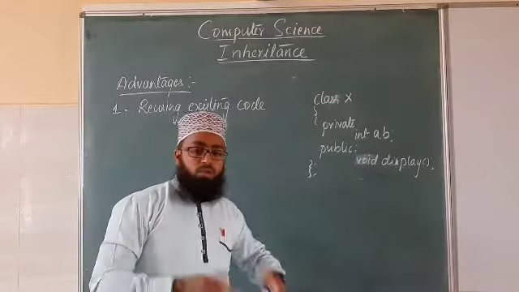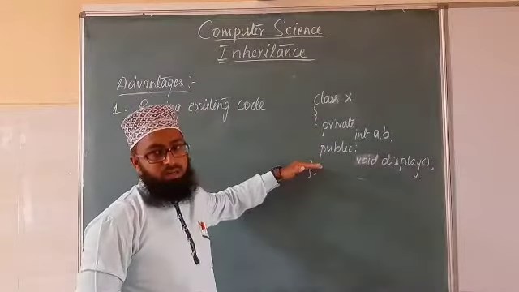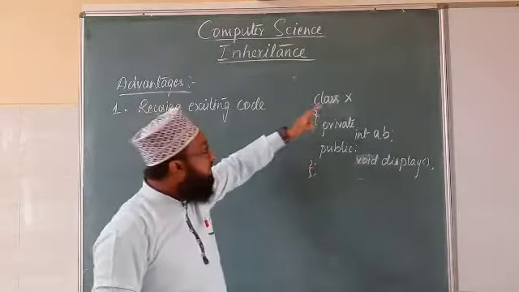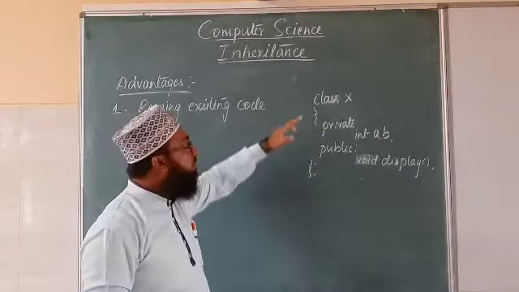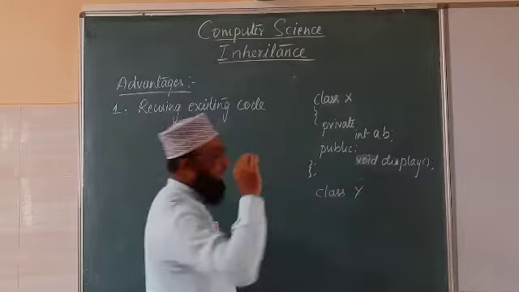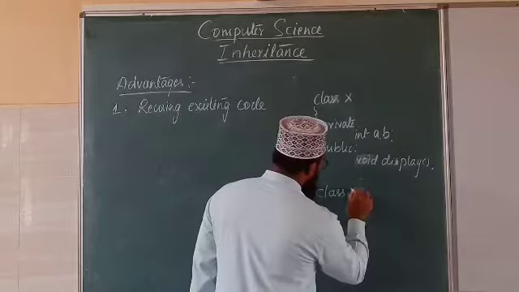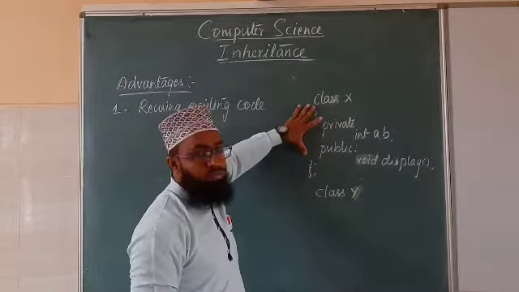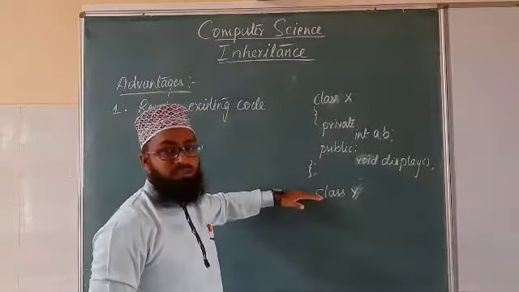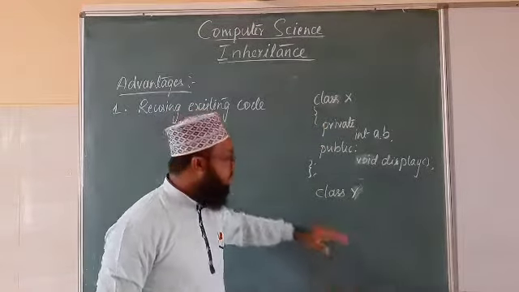Now our program needs to repeat the same code again. So instead of repeating the same code again, we need to derive one class from class X. The new class will be called class Y, and it has all the properties same as those of X. Whatever things are present in class X, the same things are present in class Y. No need to repeat the same code again, because this is derived.